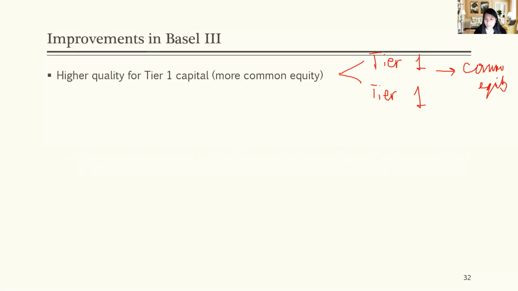So common equity is the highest quality capital, followed by other types of capital like subordinate debts or long-term debt, so on and so forth. Okay, so with Basel III, banks are required to hold more common equity, which is more costly for them. They also have to hold higher total capital.